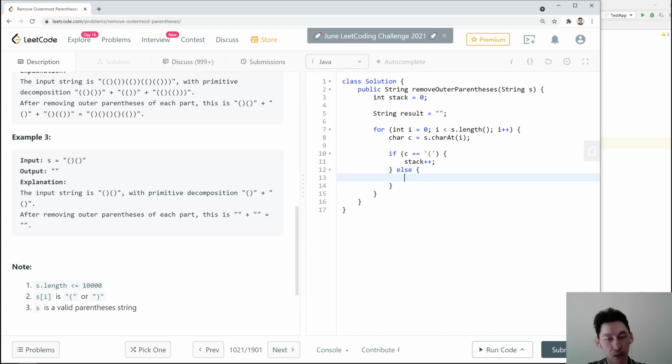We can just do an else here because we know exactly the constraints. It's either the opening one or the closing one. And now that we've removed the outer shell, we need to keep the stuff in between in the results somewhere.